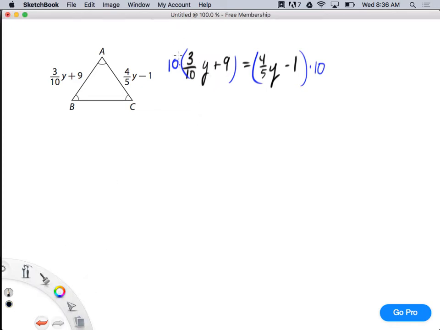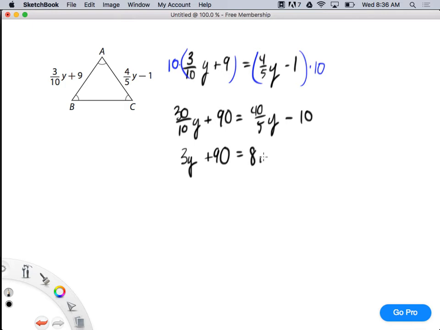So let's take a look. 10 times 3 is 30 over 10, y plus 10 times 9 is 90, equals 4 times 10 is 40 over 5, y minus 1 times 10 is 10. I simplify. 30 divided by 10 is what, class? 3. 3y plus 90 equals 40 divided by 5 is 8y minus 10.